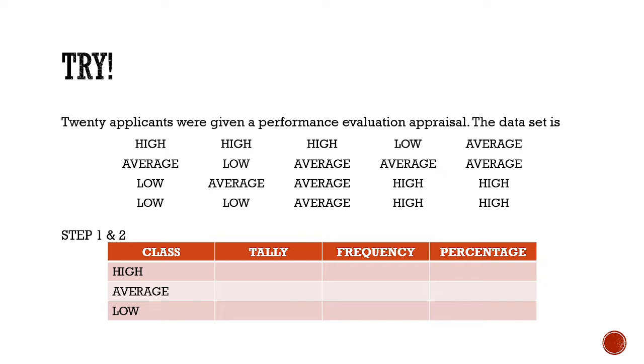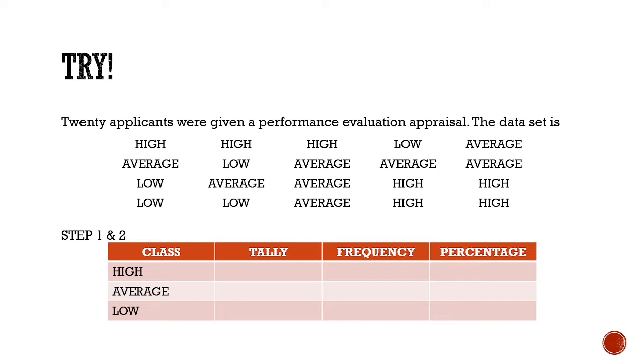As you may have remembered, high, average, and low may fall under the ordinal level of measurement because we know the apparent arrangement of the categories, but we cannot see the absolute difference of high and average, and low, and high and low.